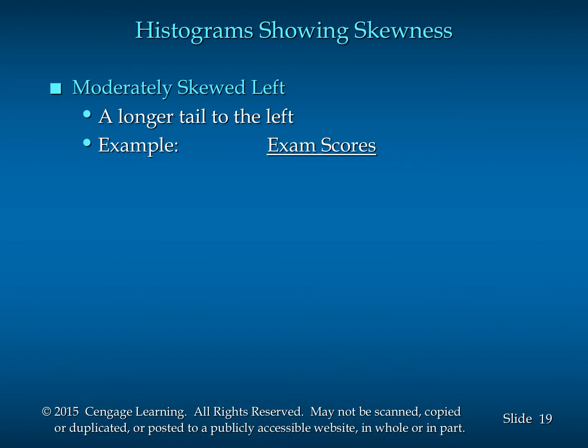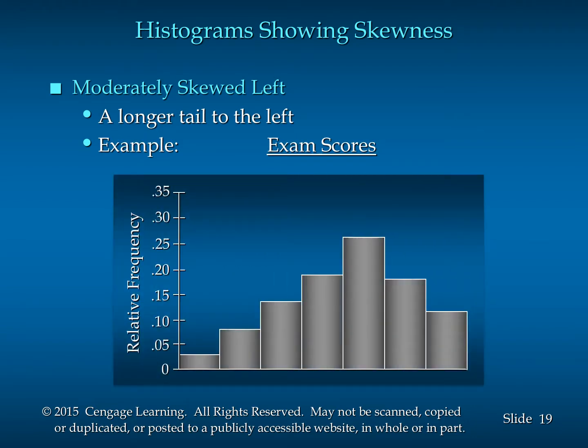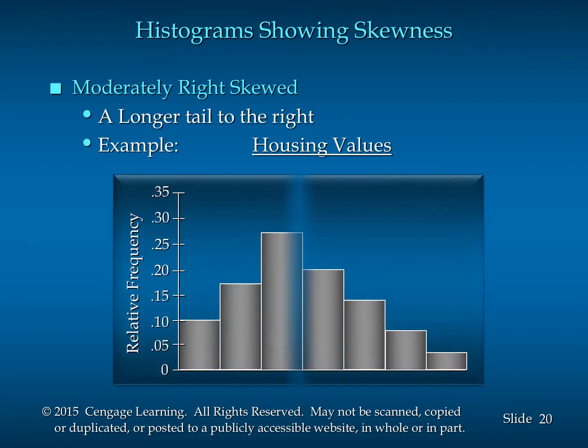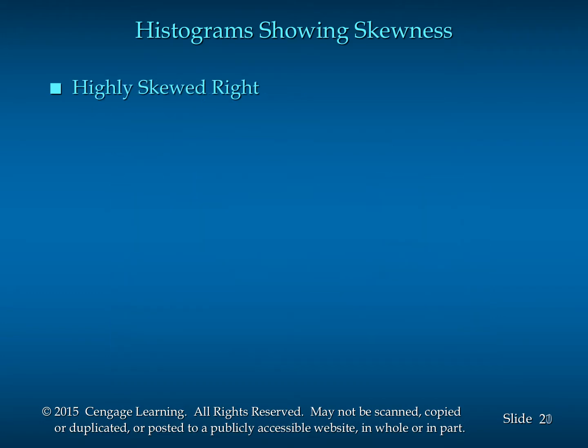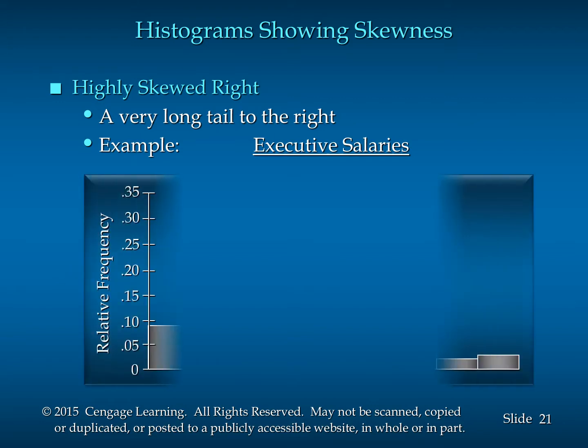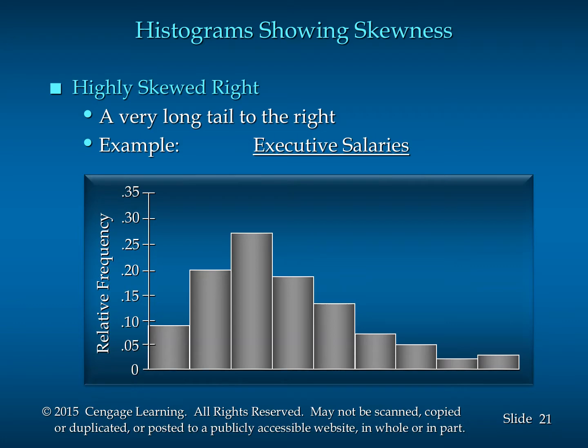Left skewed data will have a longer tail to the left, and right skewed data has a longer tail to the right. For extremely skewed data, for example, for company salaries or housing costs, we can see a very long tail. In the text chapter 3, we'll understand how to deal with skewed data and the possibility of outliers.